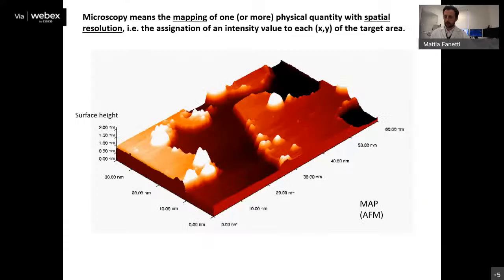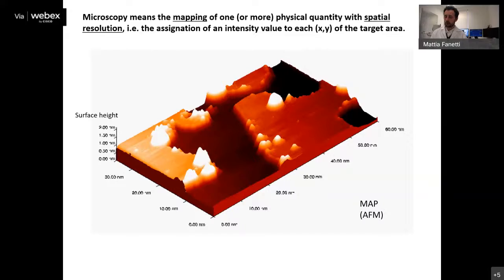Okay, so let's start. A very important concept before starting with scanning electron microscopy: I would like you to highlight the concept of a map. What is a map? This is at the base of all microscopy techniques, not only scanning electron microscopy, and it is a very important concept.